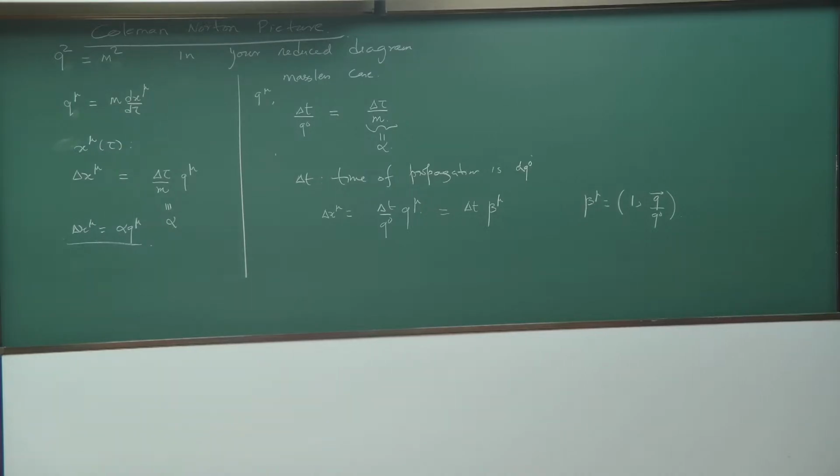So let's say you have this incoming particle of momentum p, and you are in the rest frame of it. It splits into two particles. These particles are each of mass m.